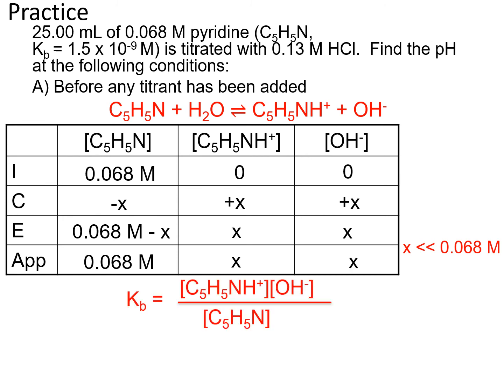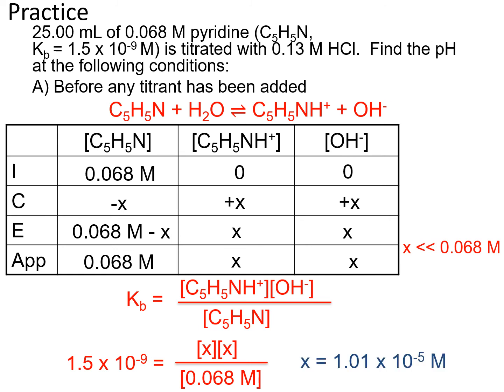And I can go ahead and set my Kb equilibrium expression. Remember, products over reactants. I can put in my terms, cross multiply, take the square root, and that should give me a number of about 1.01 times 10 to the negative 5th molar. Now, before I can go ahead and put that into my pOH expression, I do need to check to make sure my approximation is valid.